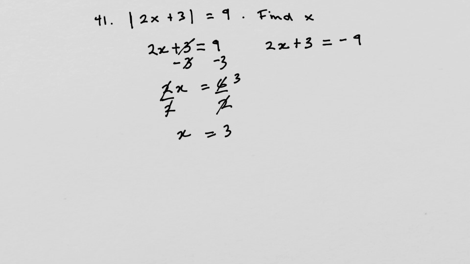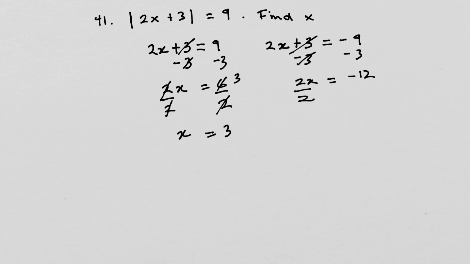Next, we will solve this. We have 2x plus 3 equals negative 9. We subtract 3 from both sides. The 3 will cancel out. Negative 9 minus 3 is negative 12. Now we have 2x equals negative 12.